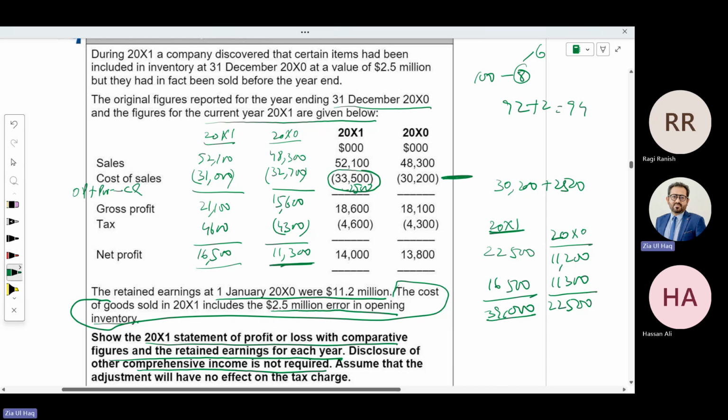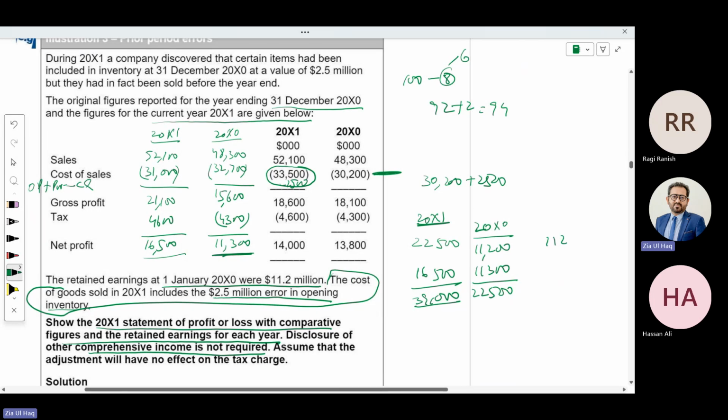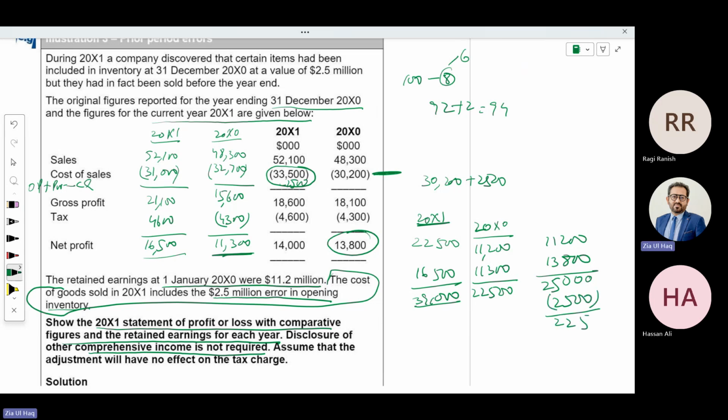Mean from previous year, what retained earning was coming? 11,200 with wrong profit of 13,800. What's that figure? 25,000. What's the adjustment in that? 2,500. What's that? 22,500.